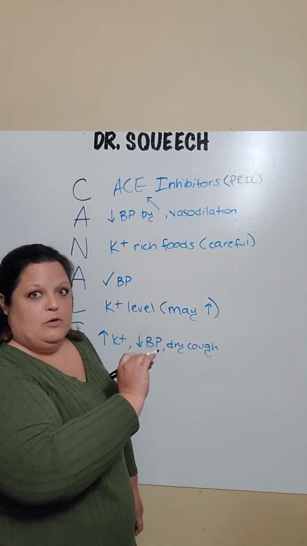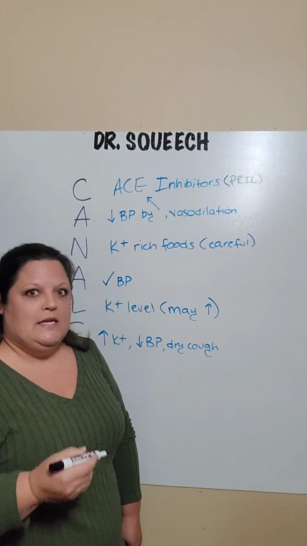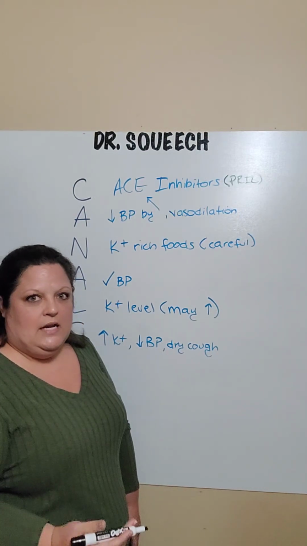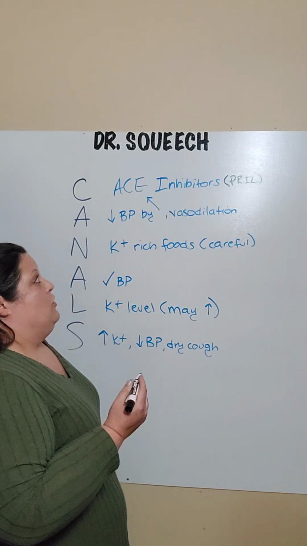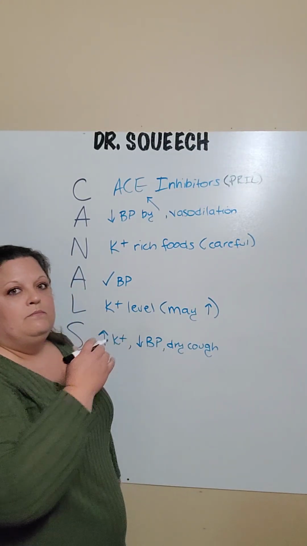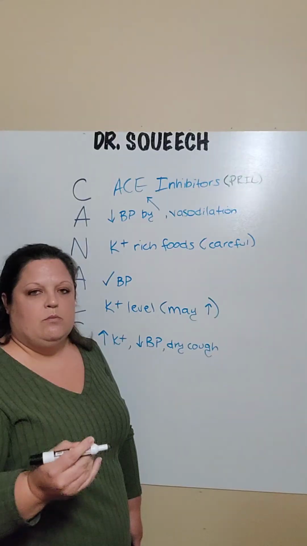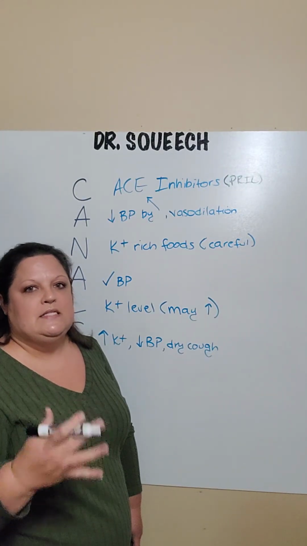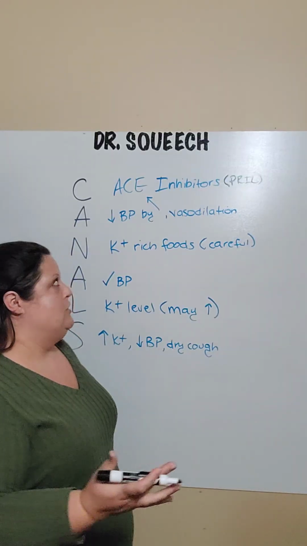ACE inhibitors all end in -PRIL. So it's a nice pharmacological gift that we get. If it ends in -PRIL, odds are it is an ACE inhibitor. You can go ahead and write some examples out if you want, but if you write a little reminder or a cue to trigger your brain to think, oh yeah, they all end in -PRIL, it does help with remembering your information.